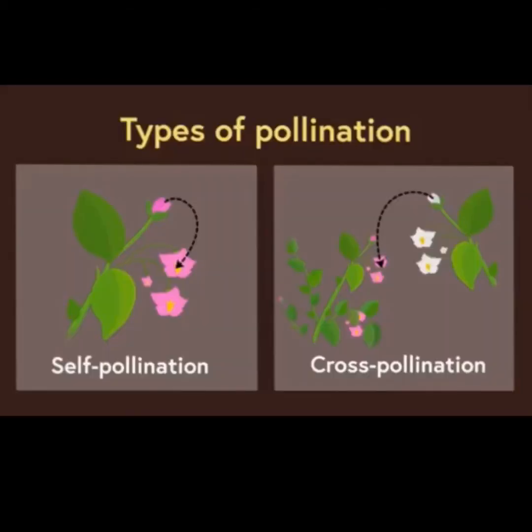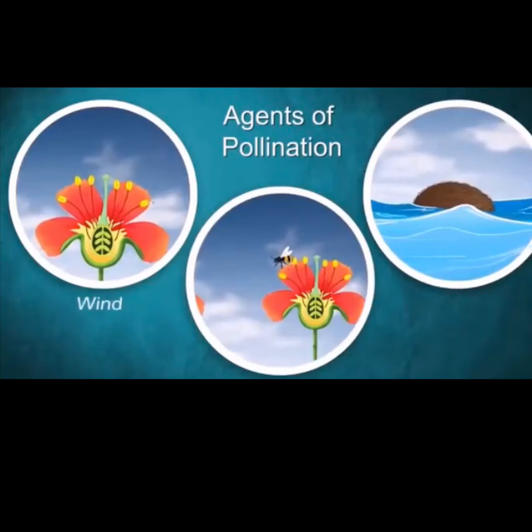So as we said, the types of pollination are self-pollination and cross-pollination, and how does this pollination take place? Now we are going to know. The pollination takes place with the help of the wind, insects, or even water. But in our syllabus, we are not going to say water.